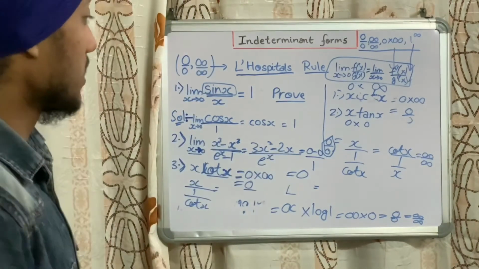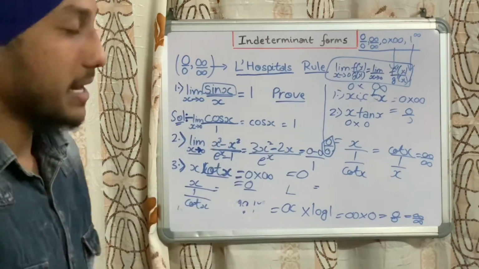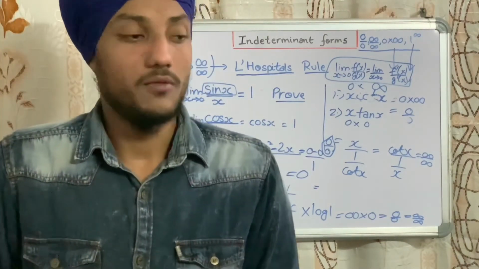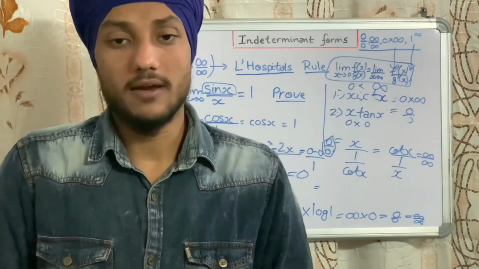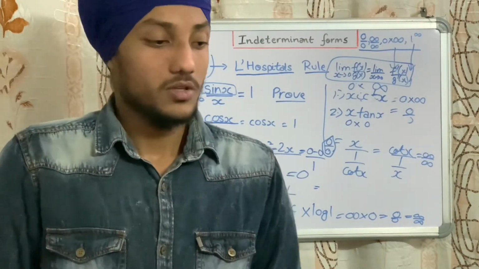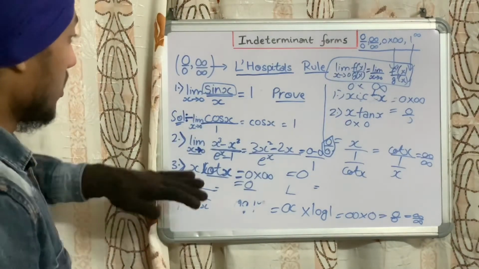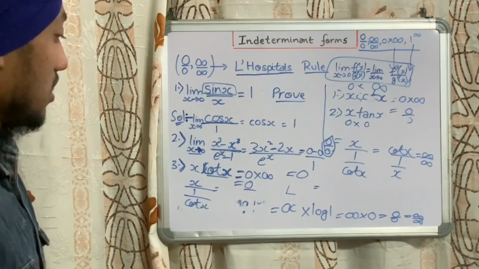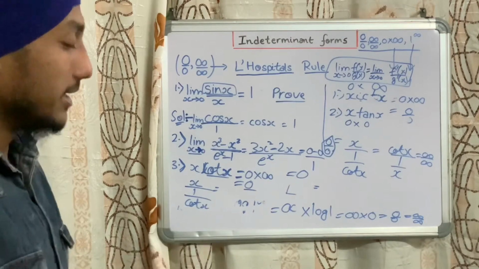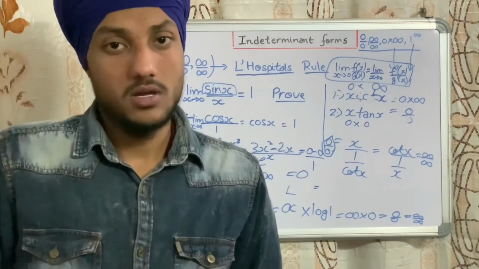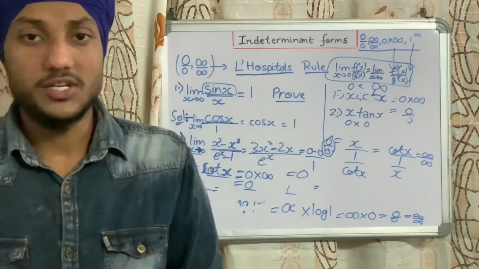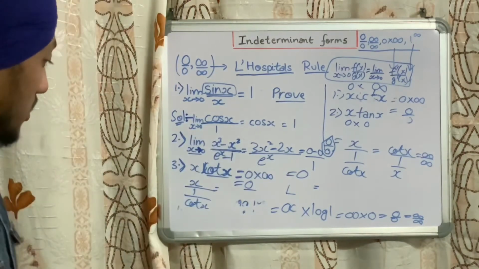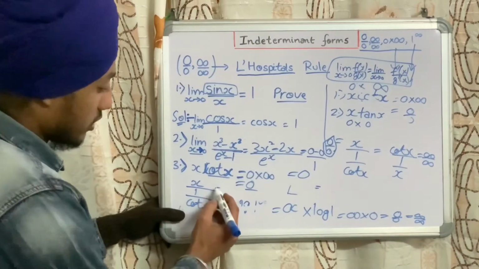This is one of the methods we apply in very high competitive examinations. These are very helpful rules to keep in mind in order to solve our next calculus series. I hope you enjoy my lecture, and you can watch my videos regularly.